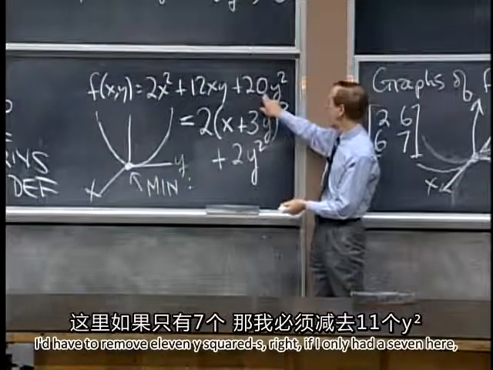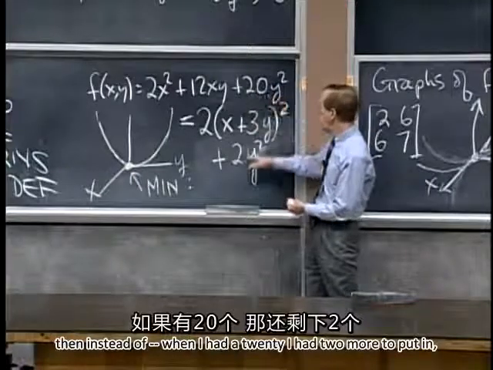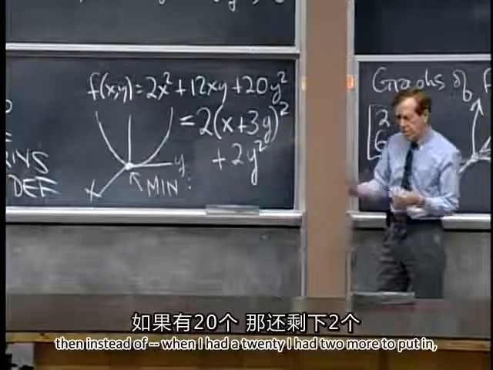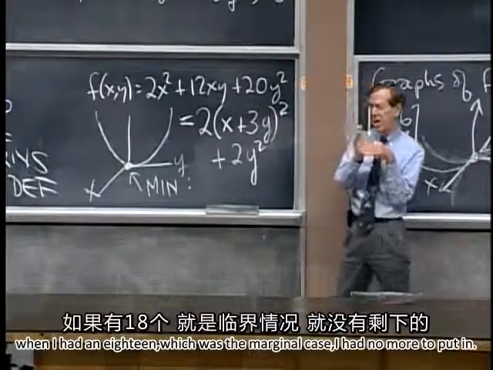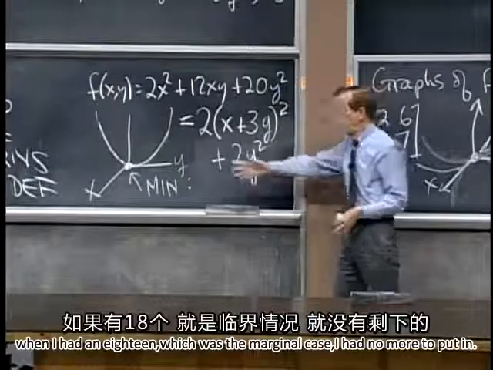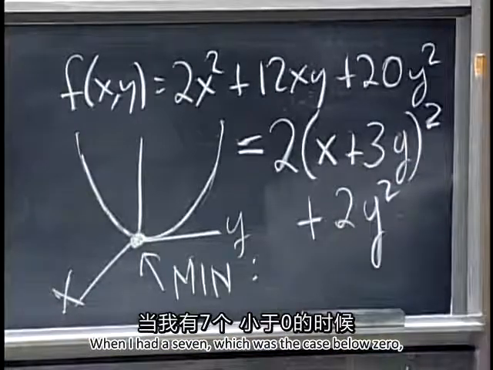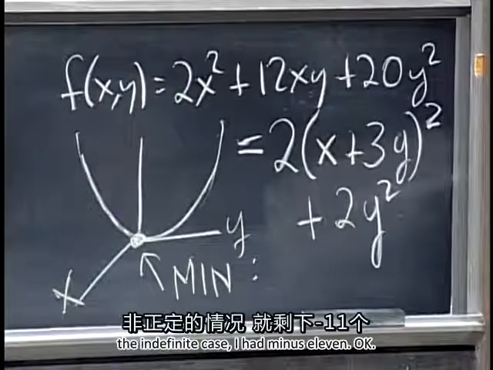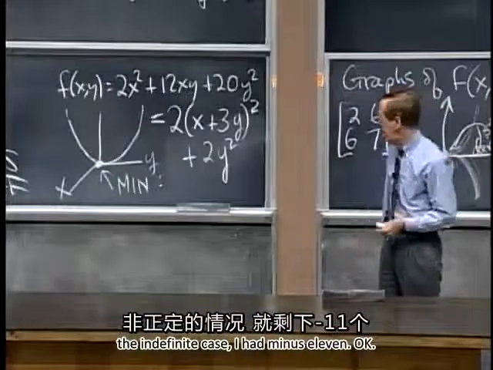If I only had a 7 here, then instead of, when I had a 20, I had 2 more to put in. When I had an 18, which was the marginal case, I had no more to put in. When I had a 7, which was the case below 0, the indefinite case, I had minus 11.